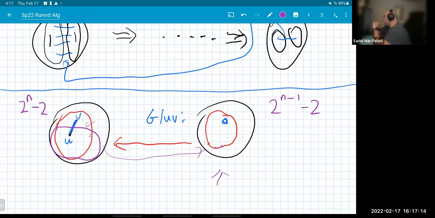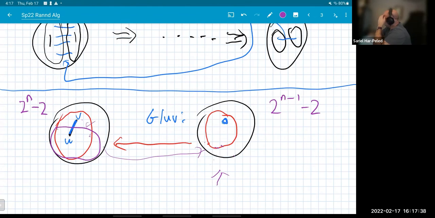And if we are lucky, if we're contracting an edge that is not in the min cut, then it does it in a way that preserves the min cut, right? So if we always contract an edge that's not in the min cut, then the min cut is preserved as we go down. All the cuts on the right side appear on the left side.